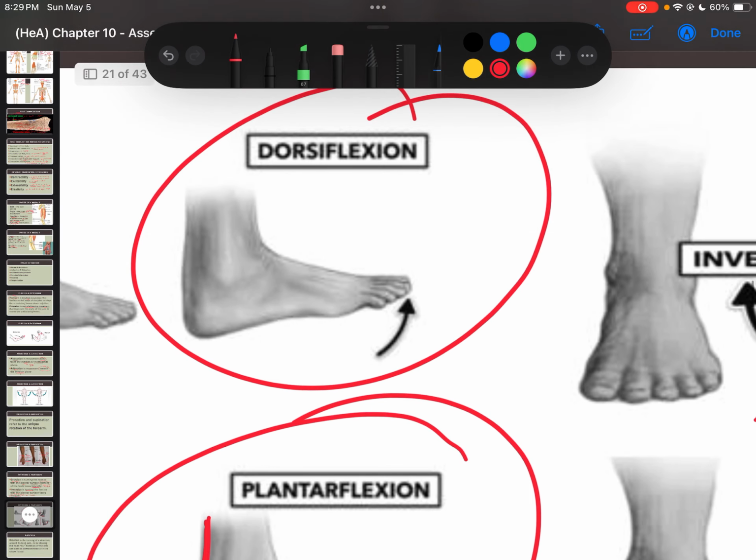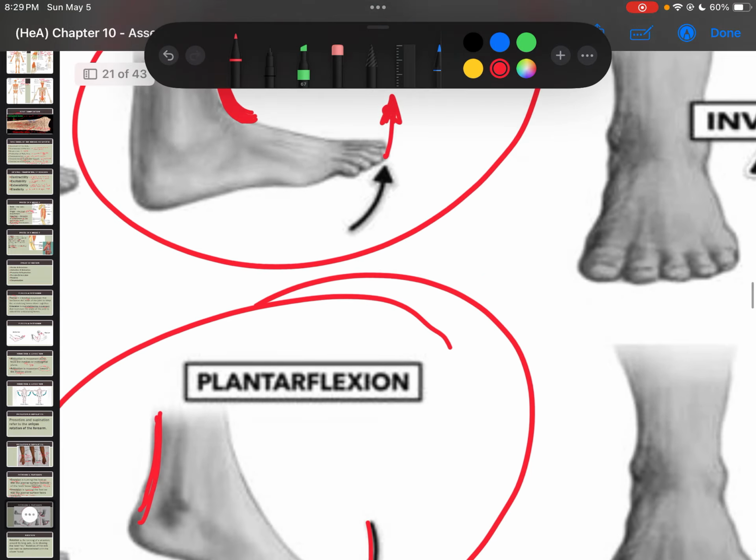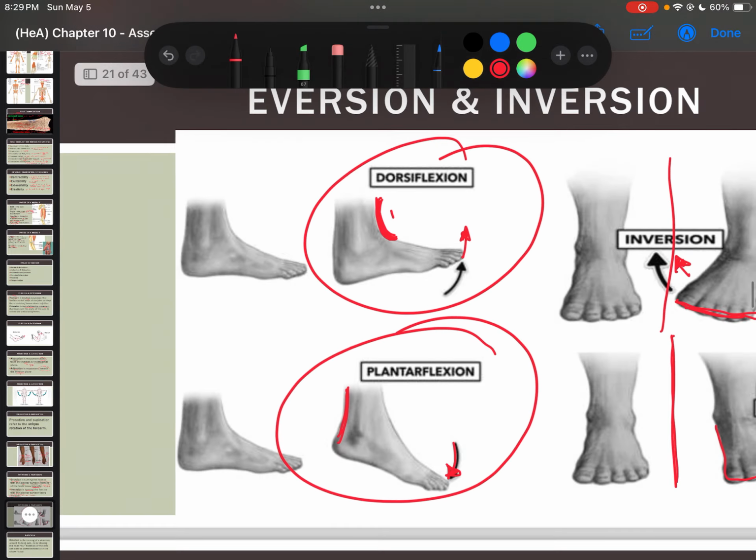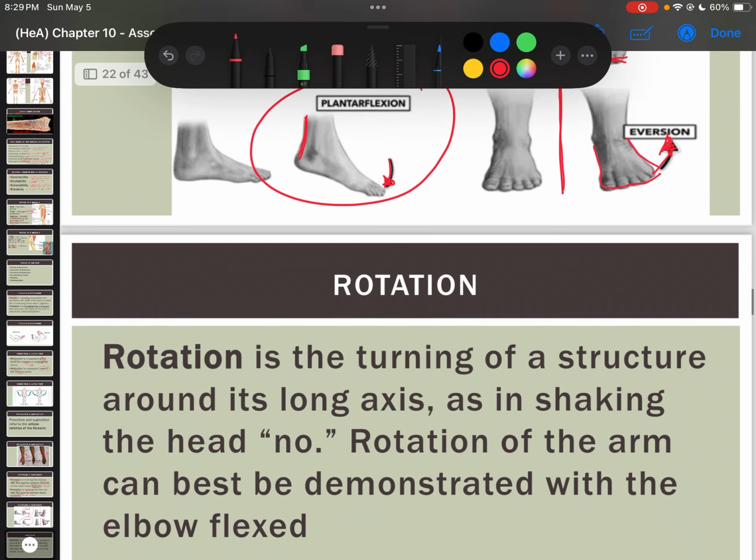Whereas in dorsiflexion, the front part of the foot, or the ankle, is the one that contracts. Okay? Meaning to say, when it contracts, the tips of the foot face upwards. So that is the difference.